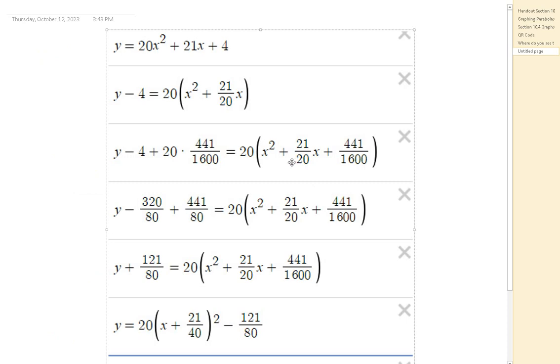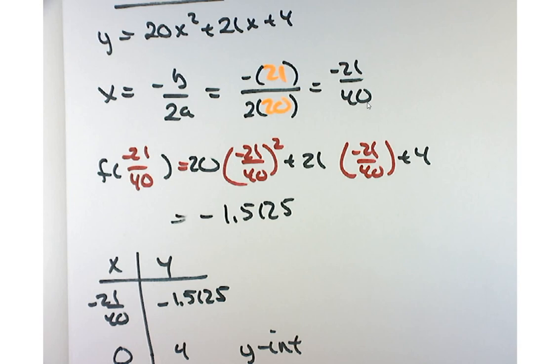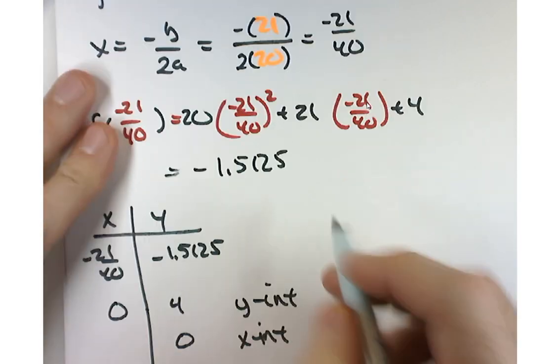I don't exactly recommend it. But if you did that, you could see the vertex, and you could use that form of the vertex to find the x-intercepts. We're not going to do that.